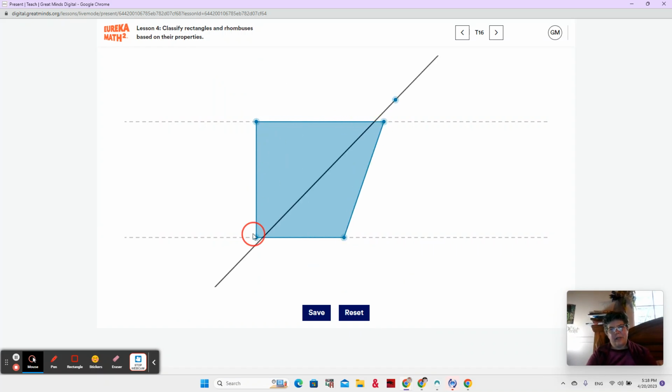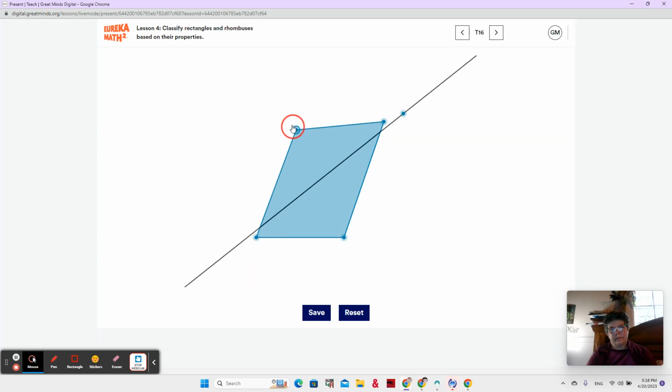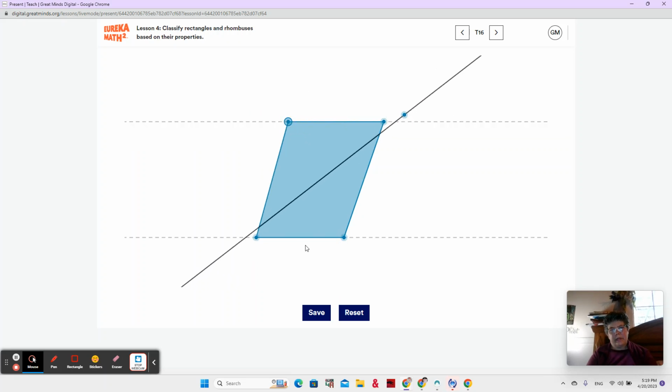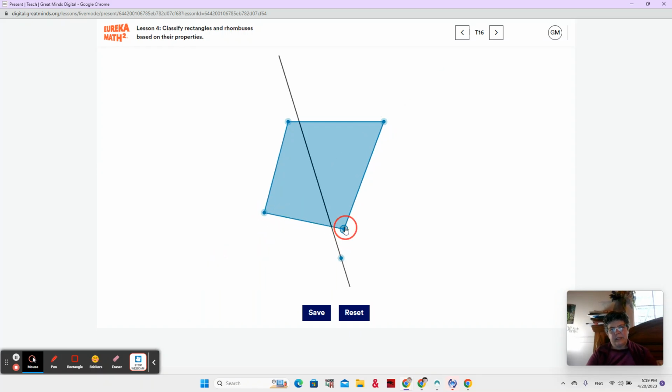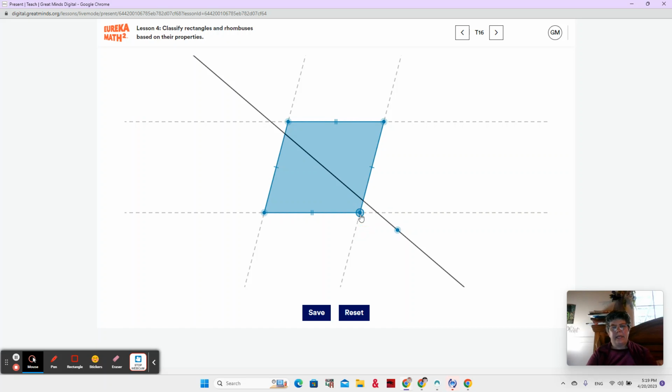Okay, so let's try something like, oh, I don't think that one moves. Now I need all sides to be equal, so let's make it a little bit smaller. Okay, how about that? I'm not sure all four sides are equal, though.